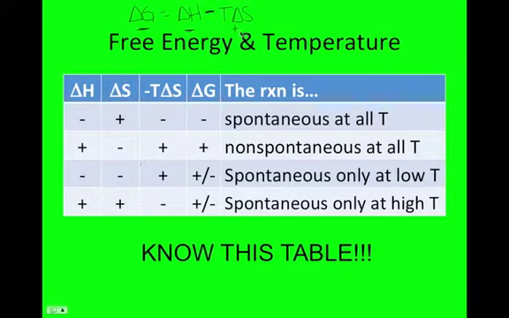So if the delta S value is positive and the delta H value is negative, then delta G will always be negative, and no matter what the temperature is, this reaction will always move in a forward direction.